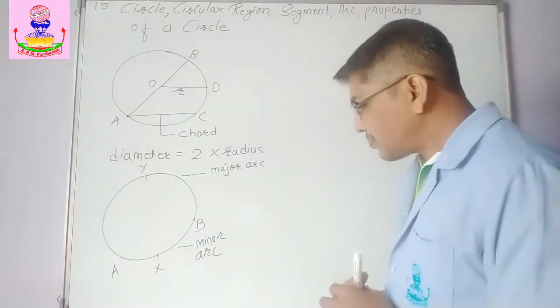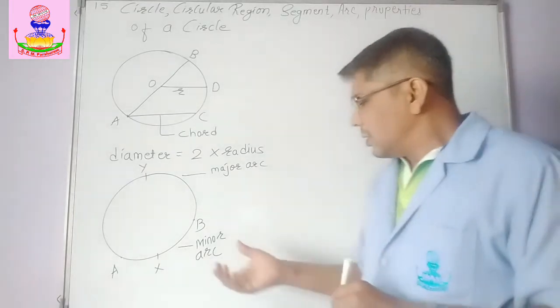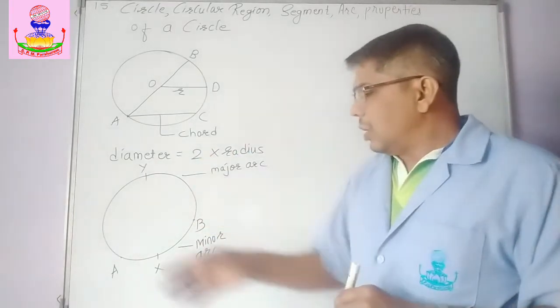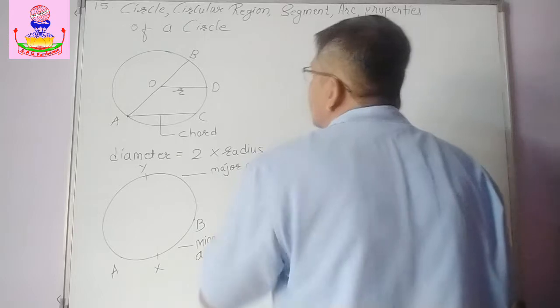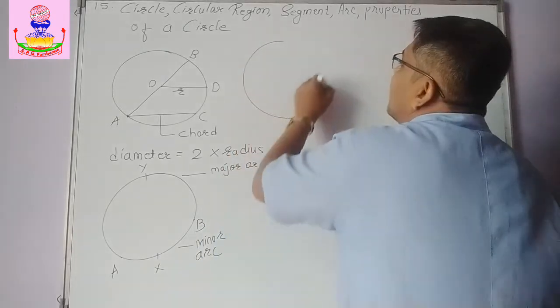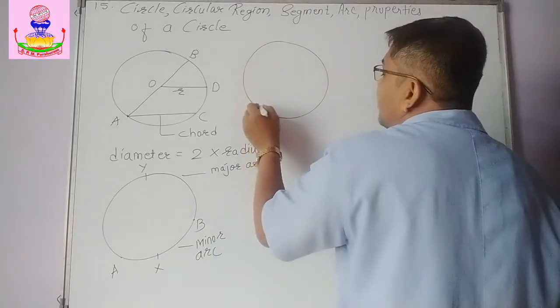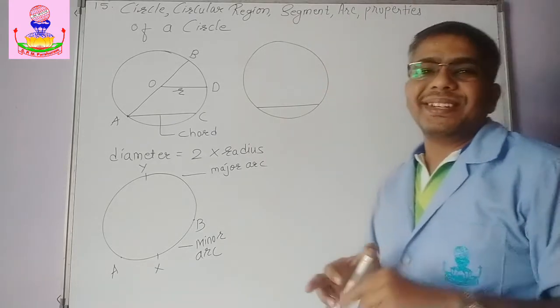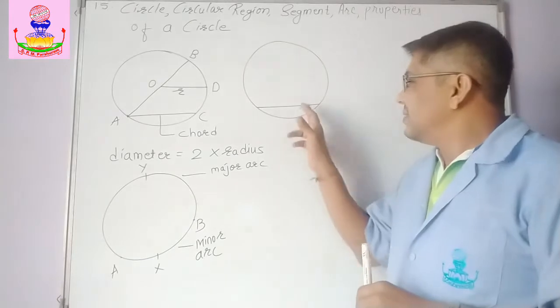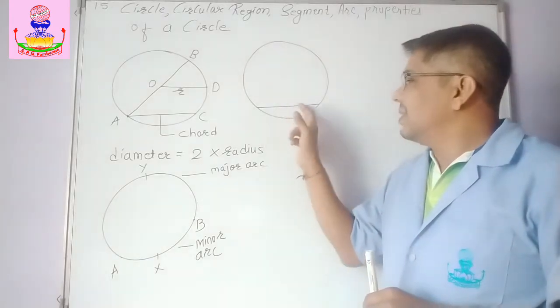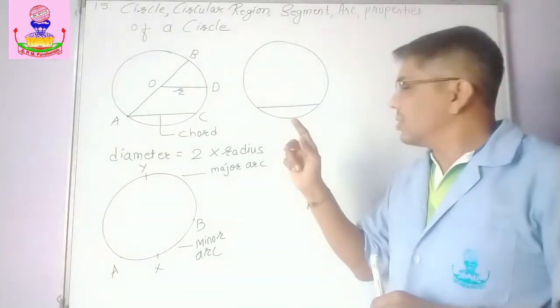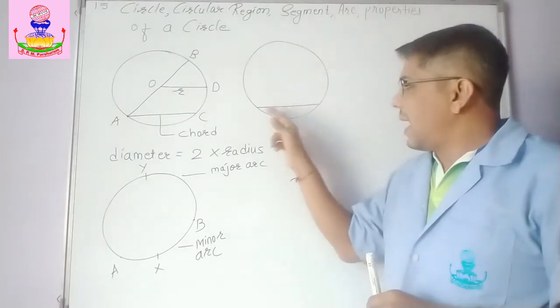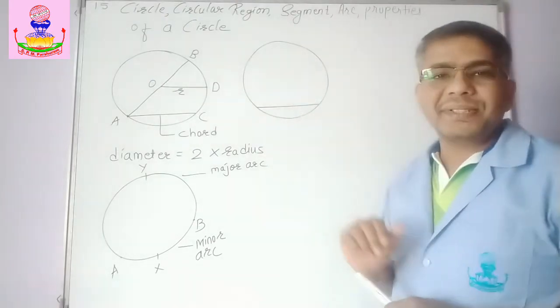Now if we draw a chord, the chord also divides the circular region into two parts. This part includes the chord and the minor arc.